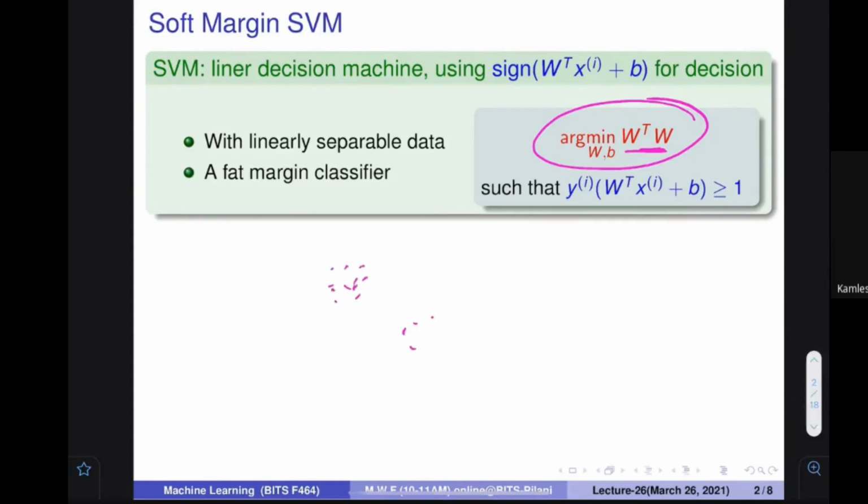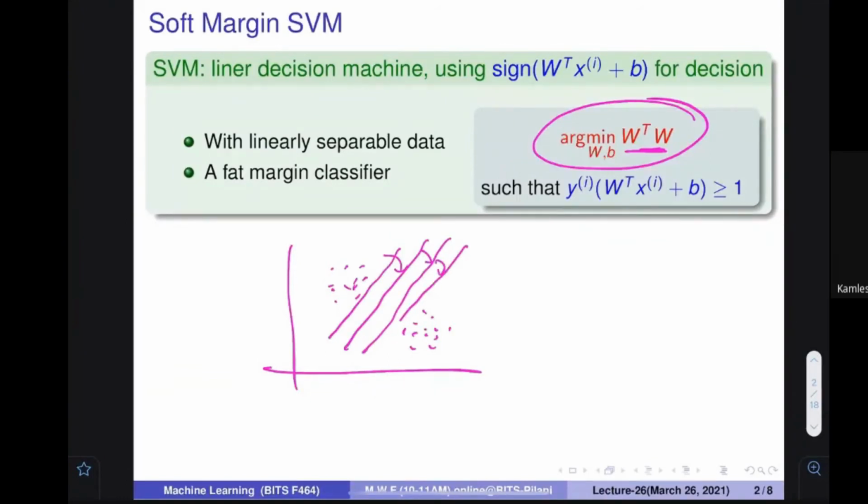Let's assume that the data points are linearly separable, and we want to maximize the margin. To maximize the margin, we should not put the line over here. Instead, we should put the decision boundary over here. Can I put it here? Maybe. Can I put it here? No. So the best decision boundary comes out to be this.